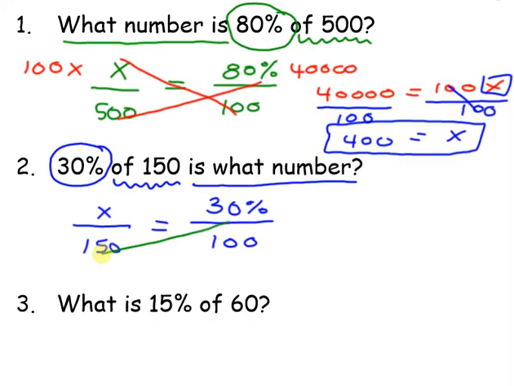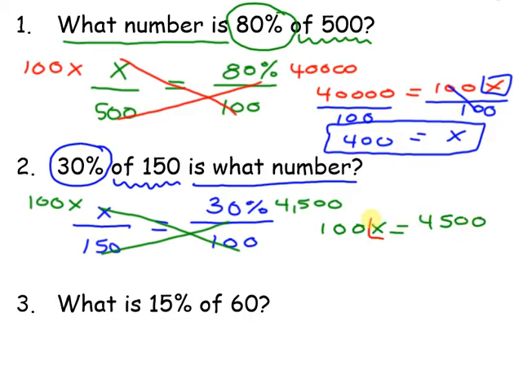All right, let's cross multiply. So we have 150 times 30, and that's going to give us 4,500. Then you have 100 times x, that's going to give you 100x. Set them equal to each other. 100x equals 4,500. Box your variable. Divide by the coefficient that's attached to it and do the same thing to the other side.